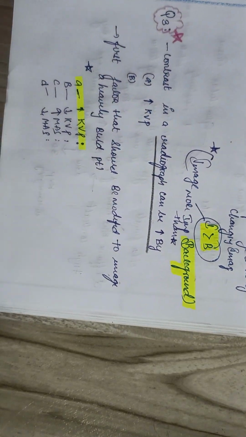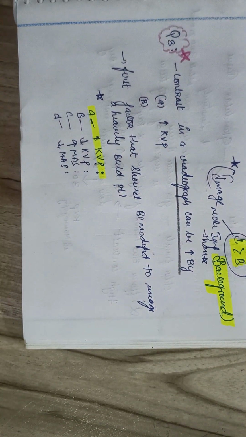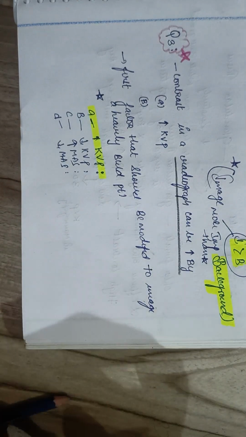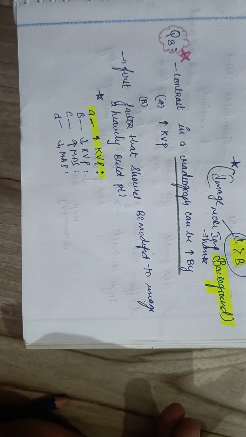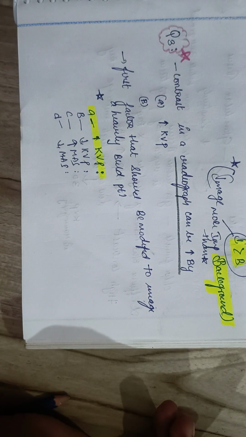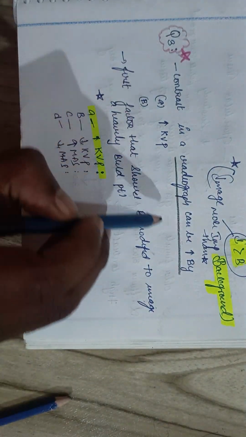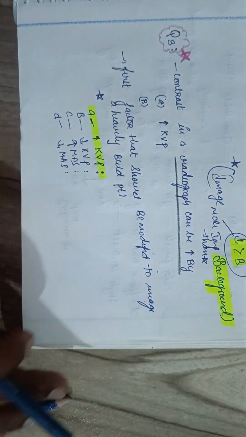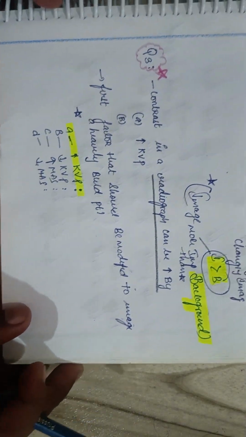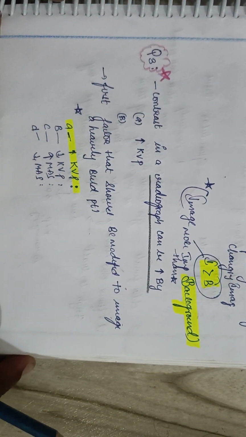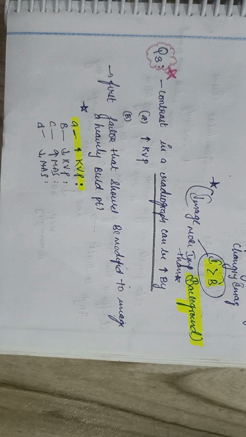But remember this, say for example, you are going to take the X-ray of a heavily built patient. For the heavily built patient, you need to make sure the penetration goes well. So the penetration of the beam is higher, increased penetration happens when there is an increase in kVp.